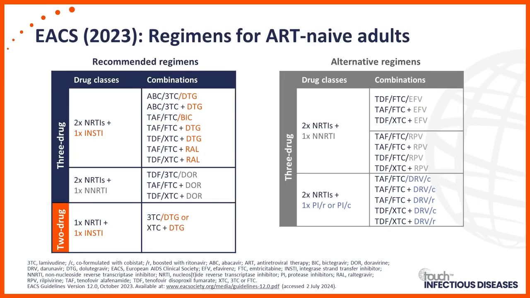Now there is agreement among all the guidelines that the preferred option is to combine a second-generation integrase inhibitor such as dolutegravir or bictegravir with one or two nucleoside reverse transcriptase inhibitors. We can use, for example, TAF, FTC, and bictegravir, or just two drugs like dolutegravir and 3TC.